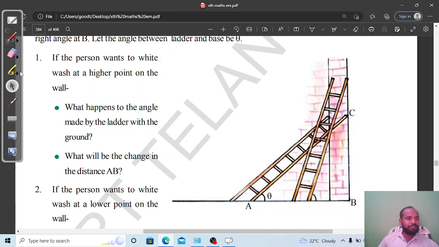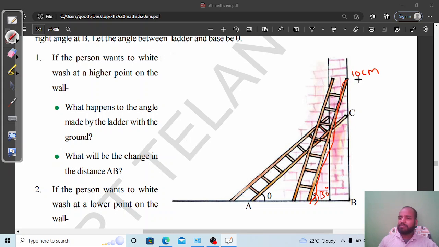Now see here. This is a ladder. Suppose it is making an angle of 30 degrees, and here the height is 10 centimeters.